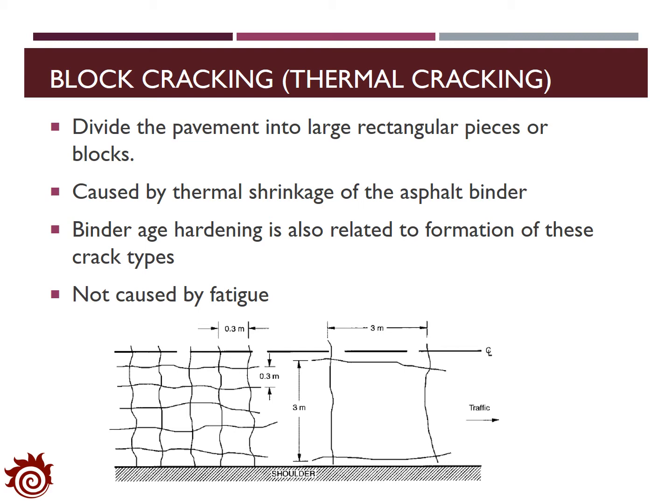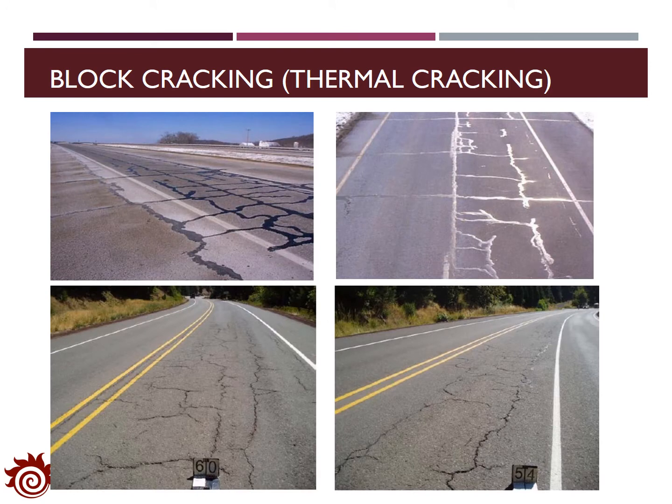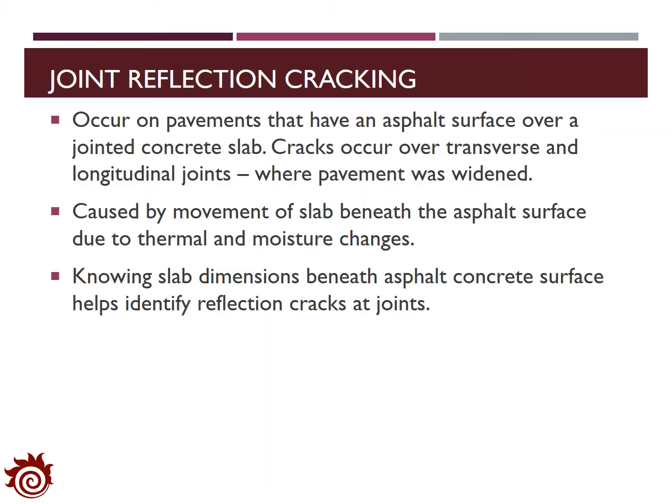This type of cracking is not caused by fatigue or the repeated traffic load. Here are some examples of block cracking, and you will observe a lot of rectangular pieces which were formed by these cracks.